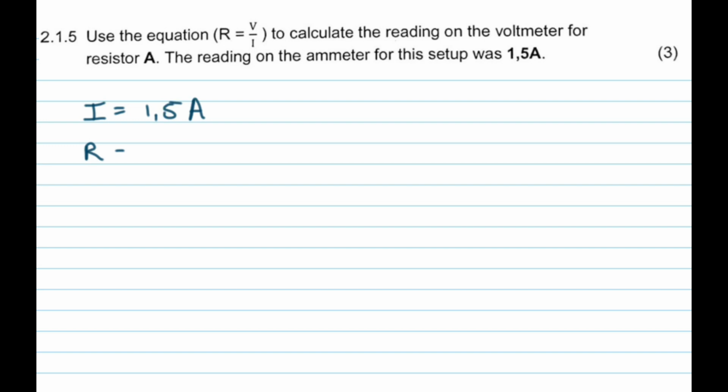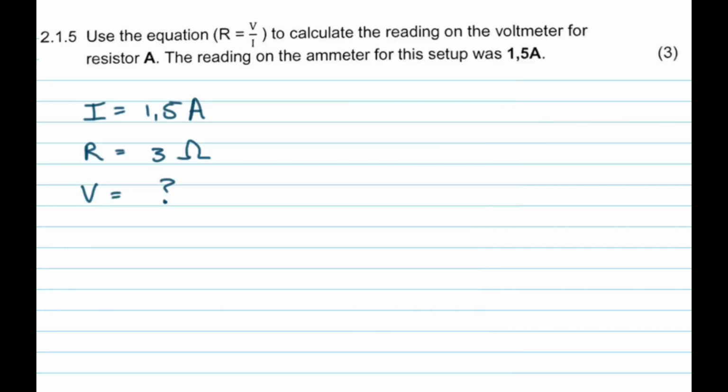So I always write down what information I have at the beginning. So I write down, I've got the current, which is 1,5 ampere, that was given in the question. I've got the resistance, which was 3 ohm, that was given right at the beginning of the information. What I'm looking for is the potential difference, which is the reading on the voltmeter.